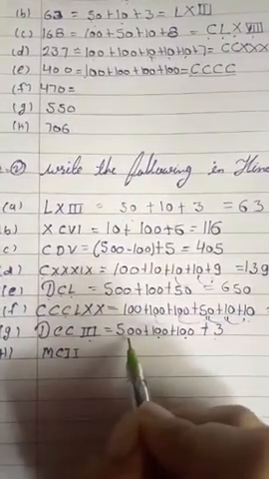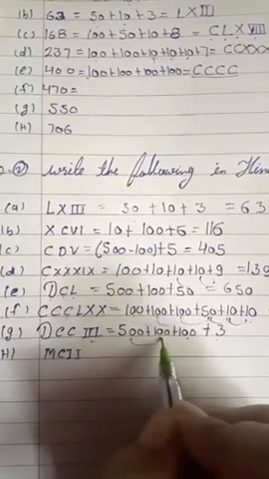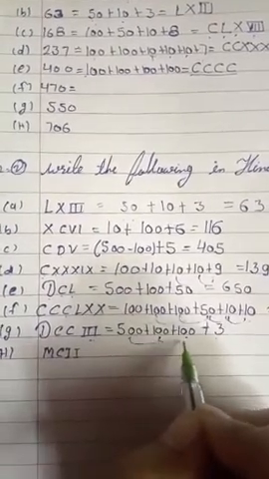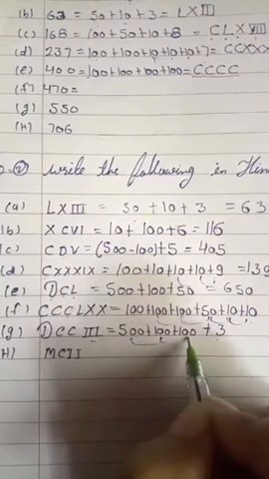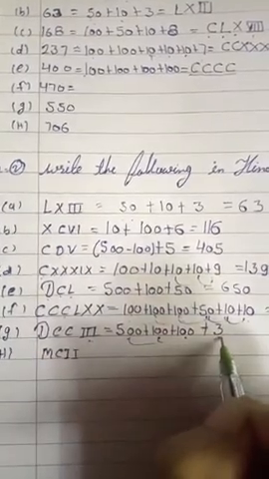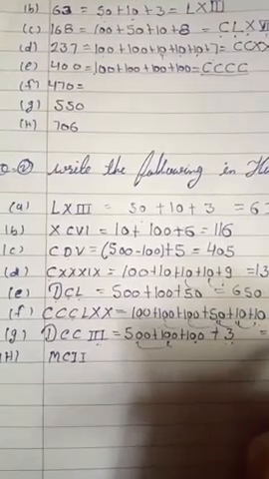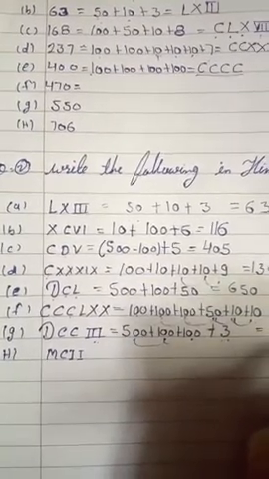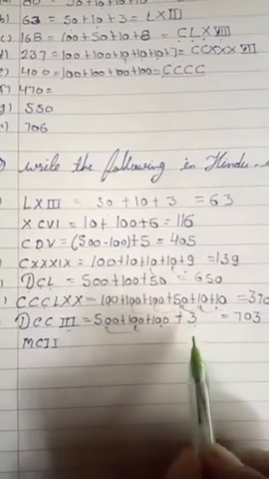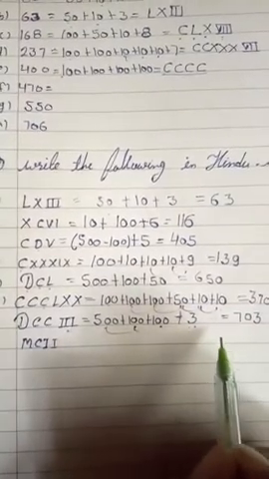Now add the numbers: 500 plus 100, 600, 600 plus 100, 700 plus 3, 703. So the answer is 703.